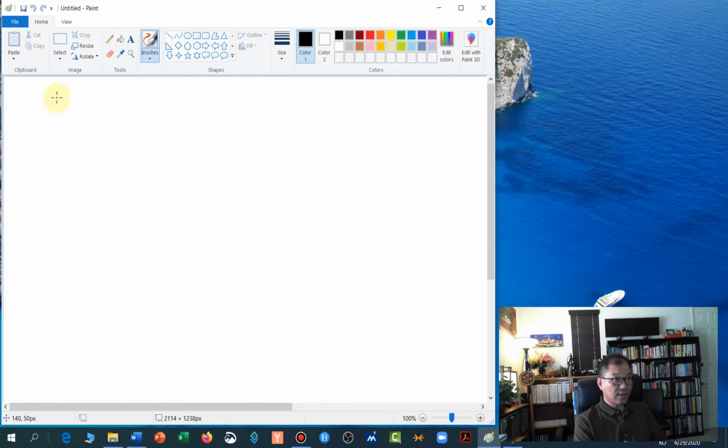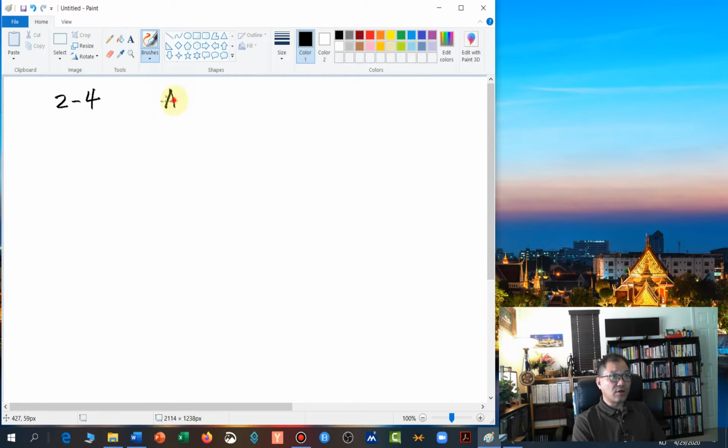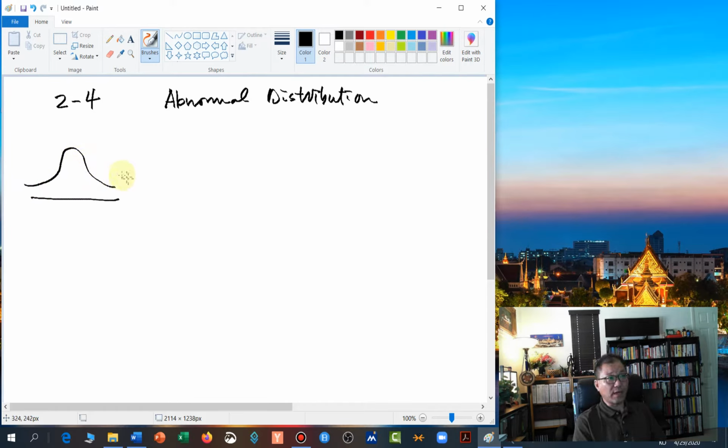Next, we are still on concept number 2-4. We will talk about abnormal distribution. So this is a normal distribution, or mesokurtic, or bell-shaped, right? If you fold this distribution to the center, half and half, each side should have 50%.